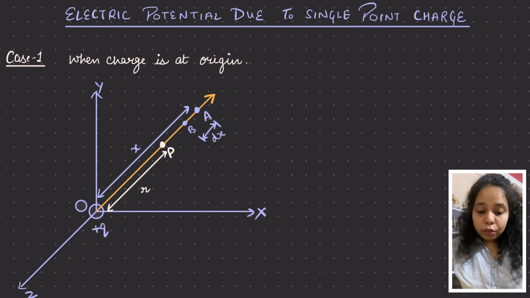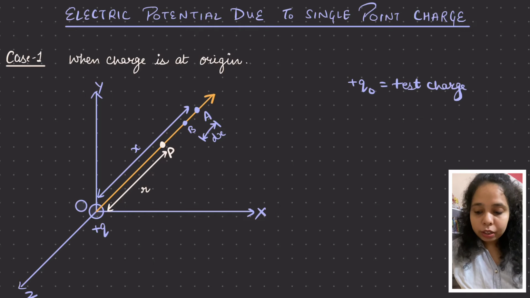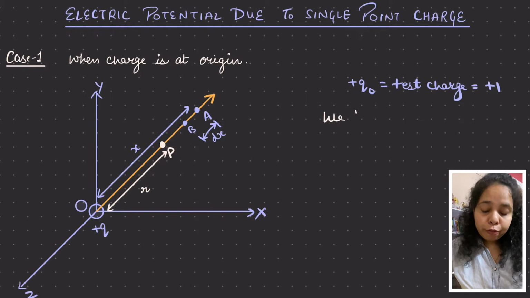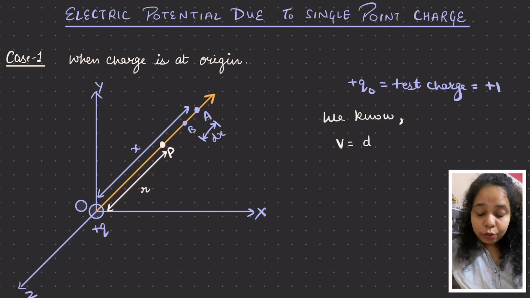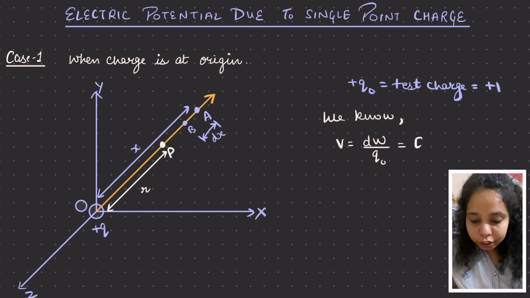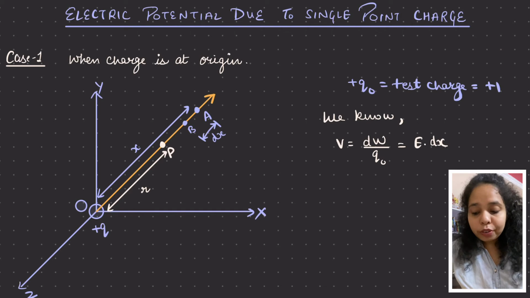Now plus Q naught is a unit positive test charge. Therefore, we will take its magnitude as 1, that is test charge is equal to plus 1, and now it is moving from infinity. Therefore, we know that V is equal to dW upon Q naught according to the definition of the potential, which is further equal to E dot dx.